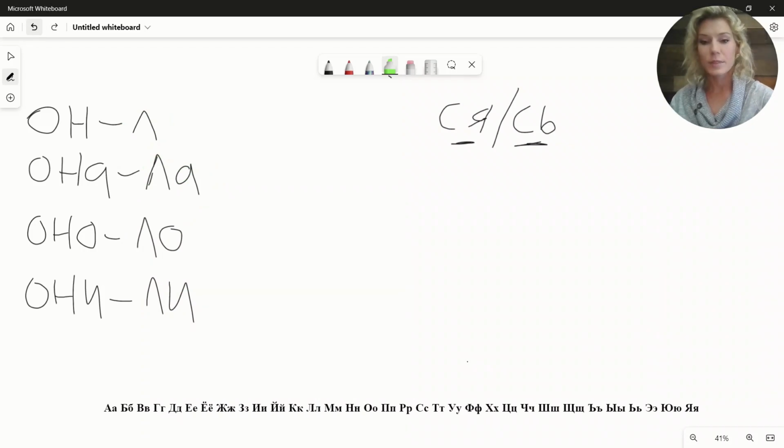So reflexive verbs, they're verbs that you use when you're describing doing something to yourself, like to dress oneself. This will be a reflexive verb. To dress is odevat, and if you're saying to dress oneself, it's odevatsa, and the sa at the end is what makes it reflexive, describing that you're doing this action to yourself, you're dressing yourself.